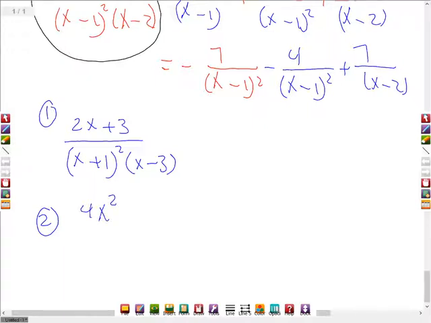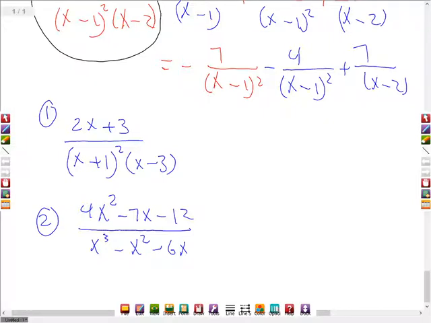The second problem you're going to do 4x squared minus 7x minus 12 over x cubed minus x squared minus 6x.